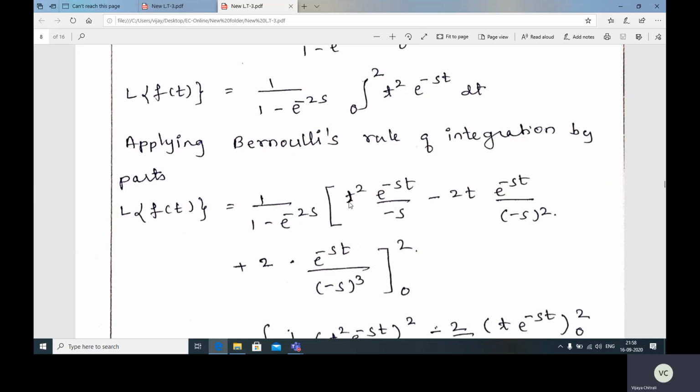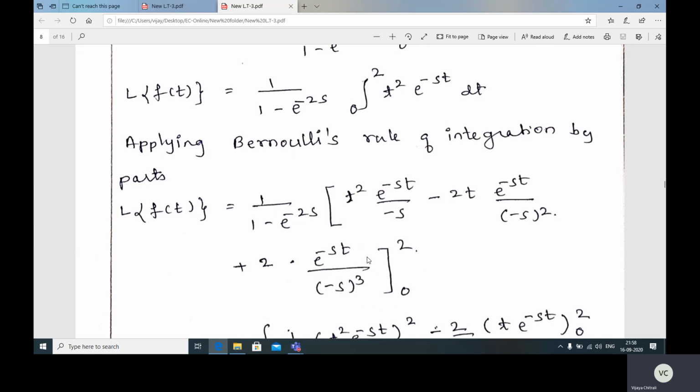Differentiation of t square is 2t, and differentiation of this 2t is 2. Again the integration of e raised to minus st divided by minus s raised to 2 is e raised to minus st divided by minus s raised to 3. Next, differentiation of this 2 is a constant, and the differentiation of a constant is 0. 0 into something is 0, so all next terms will be 0. So we have to stop here.